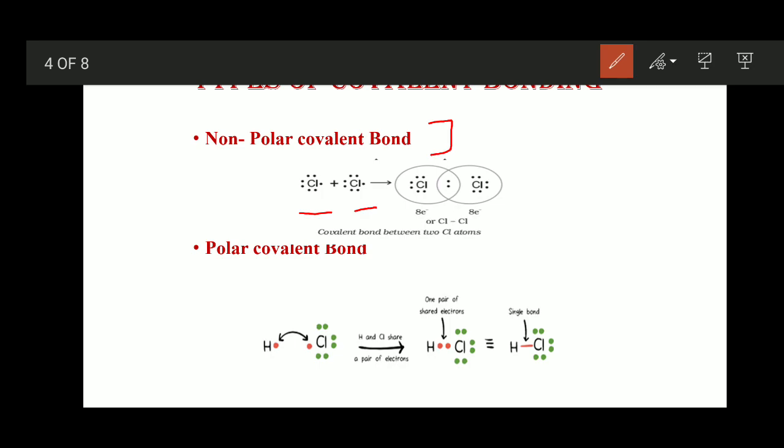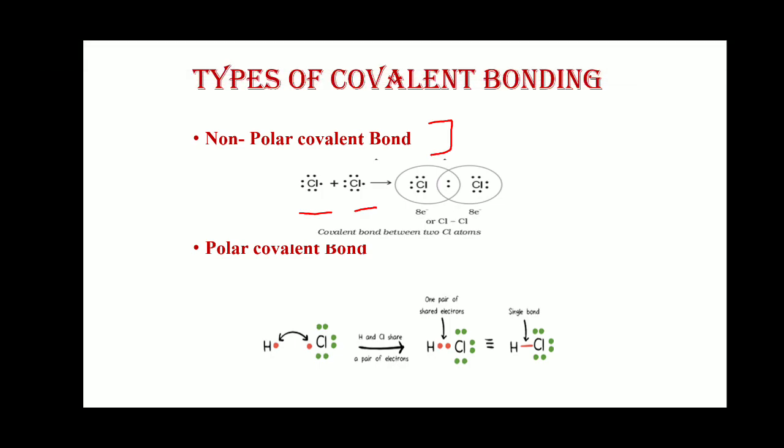And what is a polar covalent bond? A type of covalent bond between two atoms in which electrons are shared unequally. See, this hydrogen atom has one electron and this is chlorine. Both these atoms are of different elements, so they are sharing their electrons unequally.